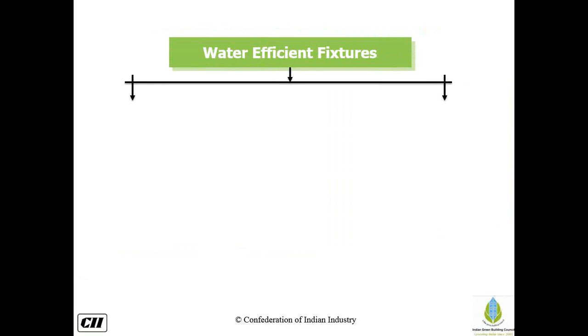The next point after rainwater harvesting is water efficient fixtures. Other than harvesting, most of the water consumption in buildings or schools is either by drinking or by the fixtures in your toilets or pantry. So we will see here how to reduce water consumption in your fixtures.